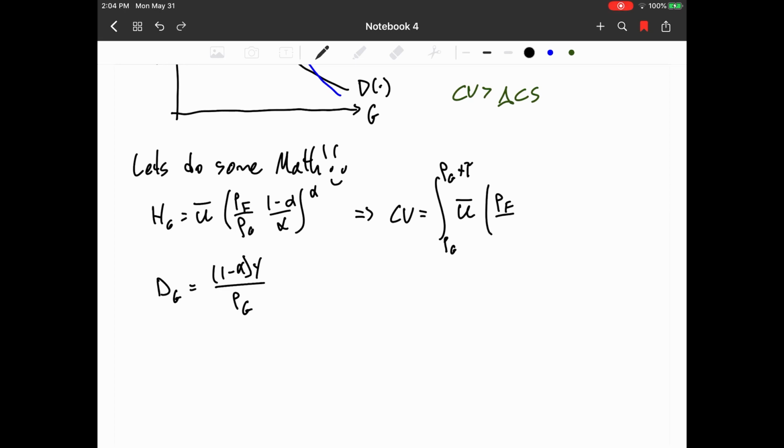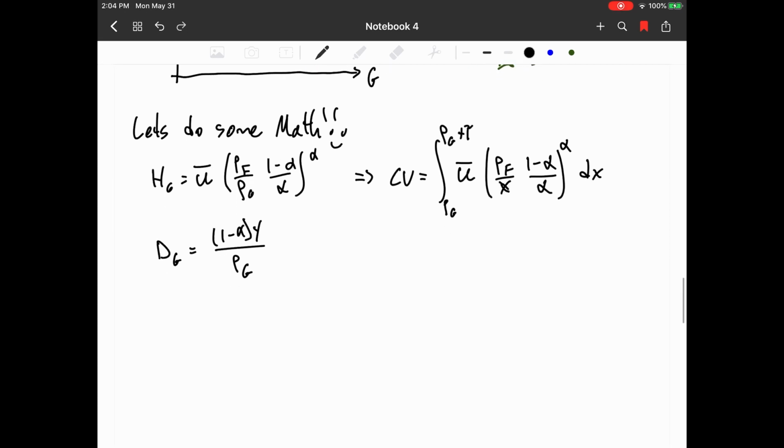And instead of writing PG here, because we're integrating over PG but PG is also in our integral, we should write x just to make our notation clear, or some other variable. And then we just integrate over that running variable.